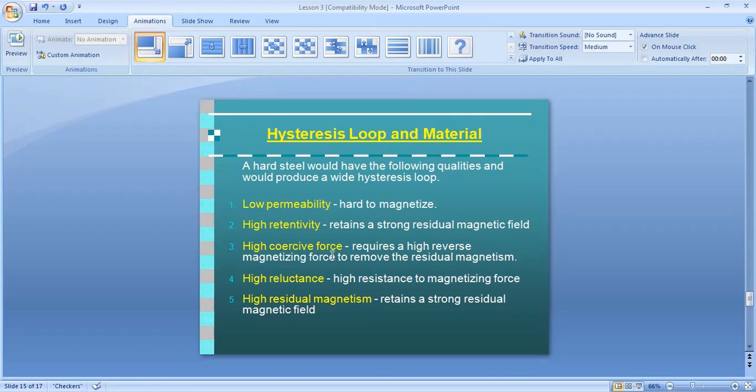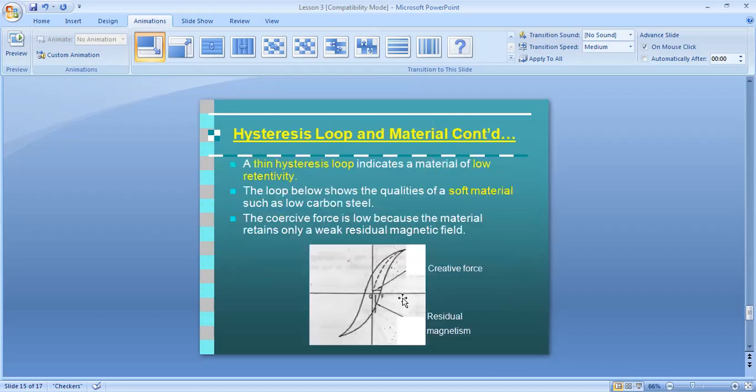So the residual field is high, and if the residual field is high, that means retentivity is high, and if you want to remove that field, we have to use more coercive force. So when permeability is high, all other properties will be low, and if permeability is low, then all other properties will be high. So this is the relation between these properties.